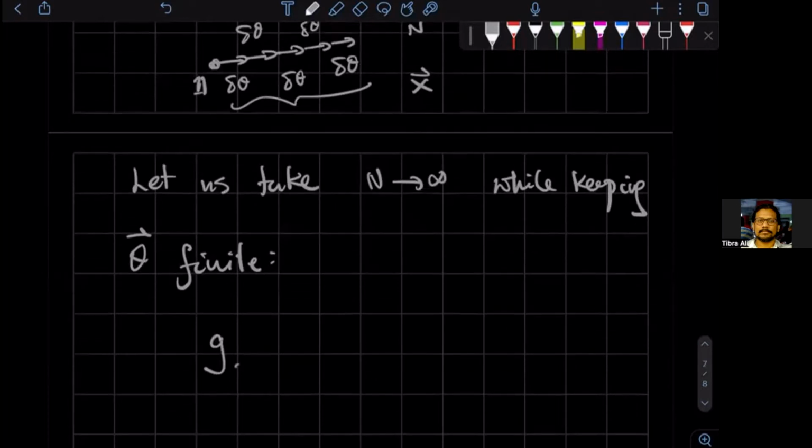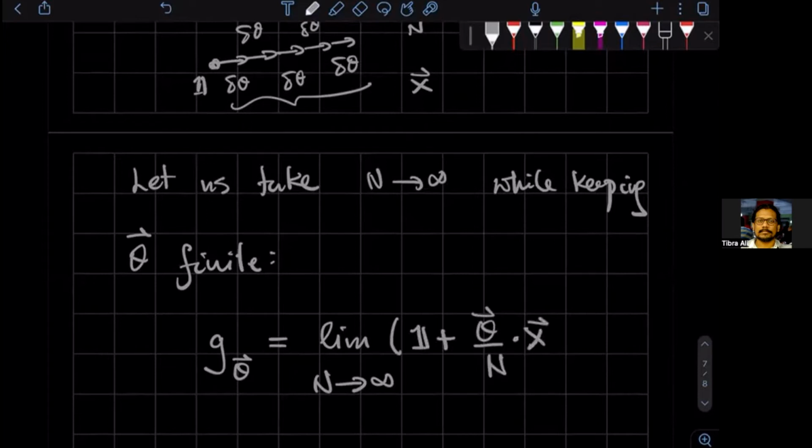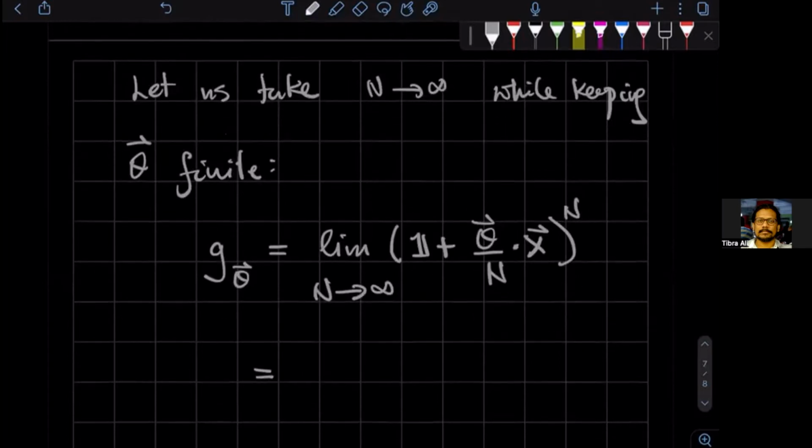So then we get an element which we call g of theta, and this is the limit of the n integer going to infinity, 1 plus theta divided by n dot x to the power n. So can someone tell me what this is? Exponentiated to theta. So this is the definition of the exponential. All right.